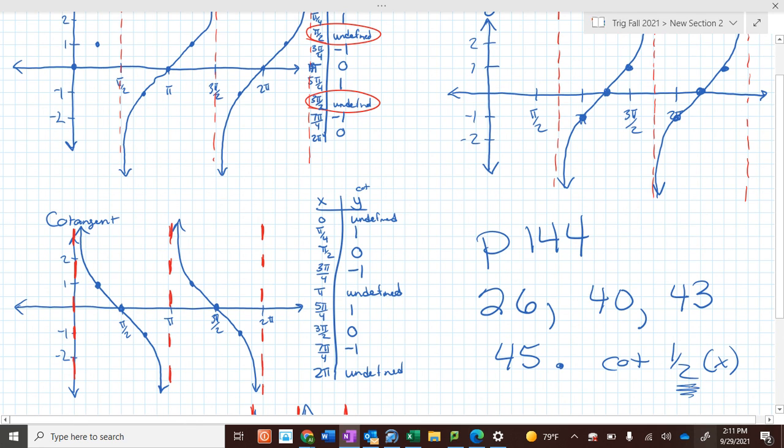So it's going to be half as wide, or not half as wide, but it's going to be 2 pi divided by 1/2, which really means it's 2 pi times 2. So instead of being twice as skinny, it's going to be twice as wide. So yeah, that one you have to make wider due to the period. So figure that out if you can.